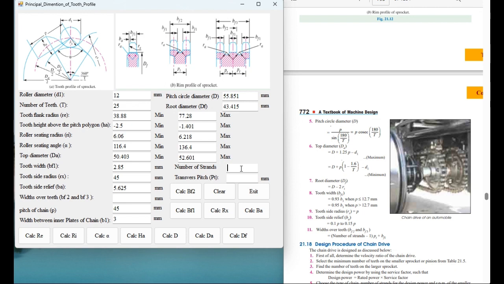So we have to enter the number of strands, and we have to enter PT or the transverse pitch. These values were also discussed earlier, and the values are given in the previous table. So let us enter a value around 6, then I can calculate BF2. So BF2 will become 8.85.